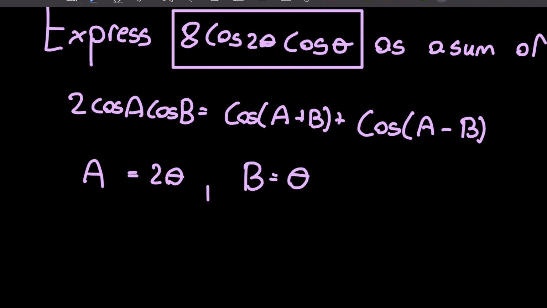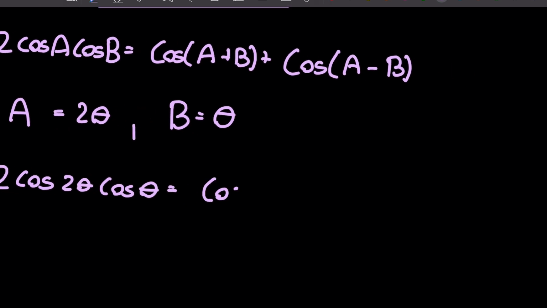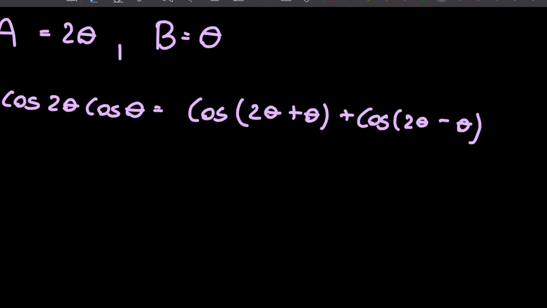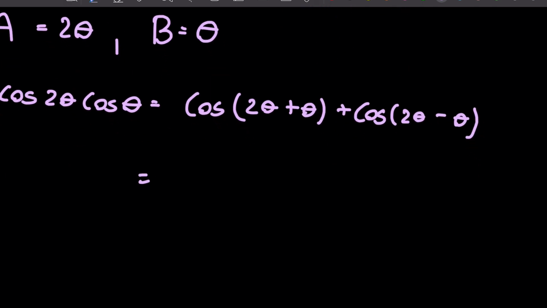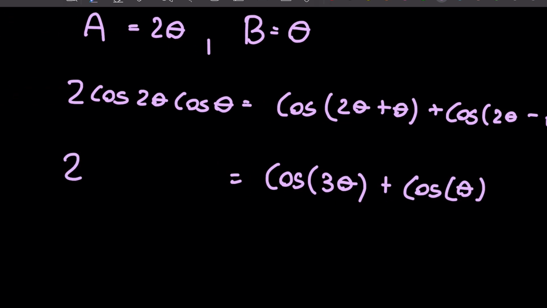Substituting these in, we'll have 2 cos of 2 theta cos of theta is equal to cos of 2 theta plus theta plus cos of 2 theta minus theta. Simplifying, we get cos of 3 theta plus cos of theta. So we have 2 cos 2 theta cos theta equals that.